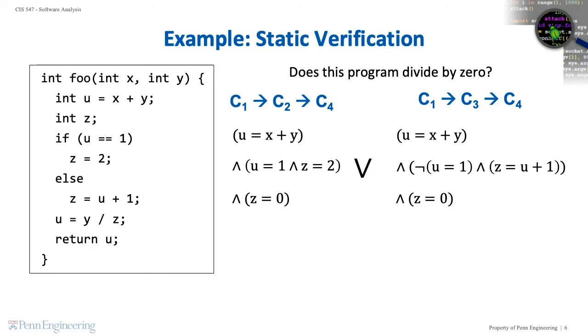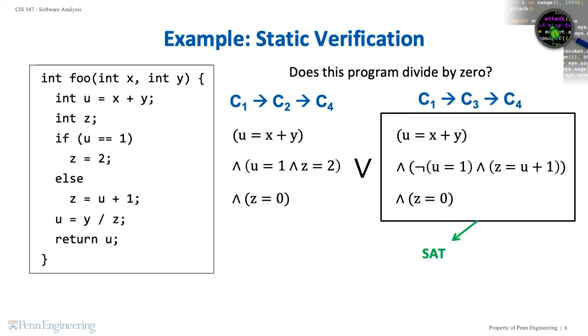The final formula that is fed to the SMT solver is as follows. It is a disjunction of the conjunction of constraints along each of the two paths. The constraints arising from the first path turn out to be unsatisfiable, since the true branch sets z to 2.